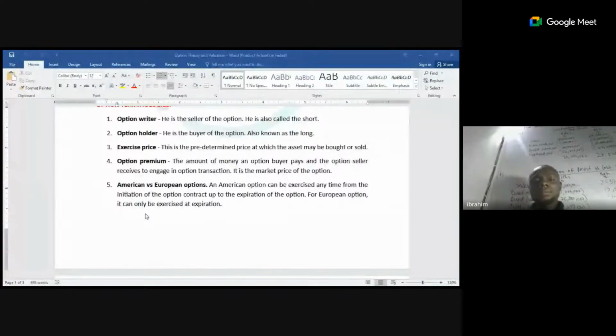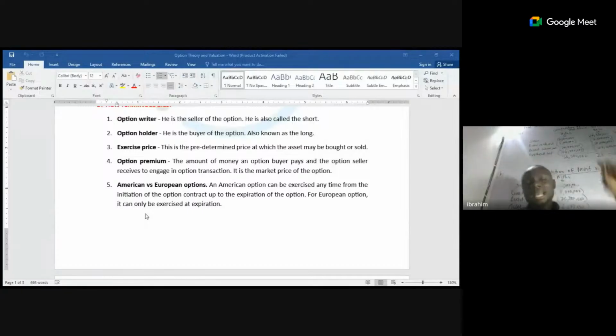Maybe 90 naira per share, right? And you say you will exercise your rights, or you will sell these rights at the end of December. Now, in American option, before the end of that December, you can exercise your right to sell it before the expiration date, or before the maturity date.